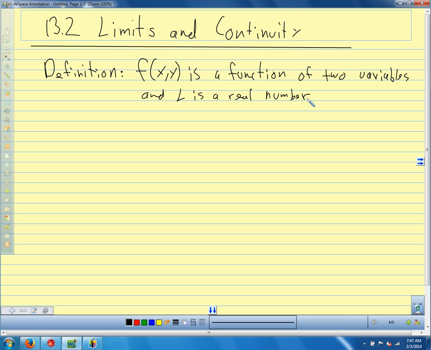So we say that the limit as (x,y) approaches (x0,y0) of f of x,y equals L if for every epsilon greater than 0, no matter how small, there exists a delta.